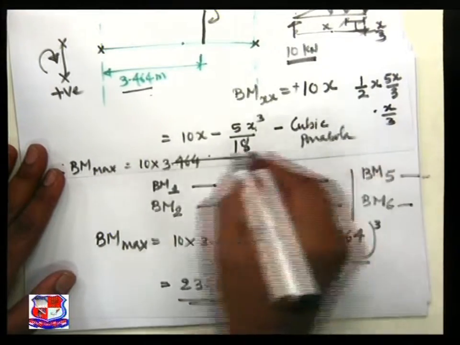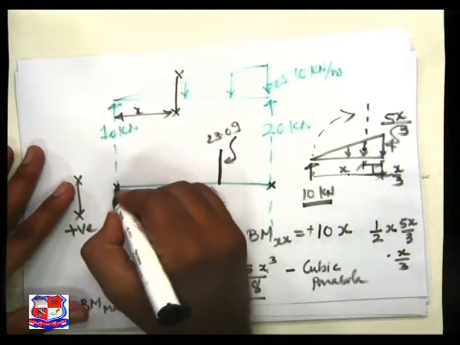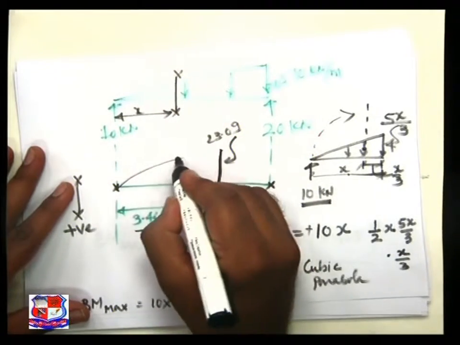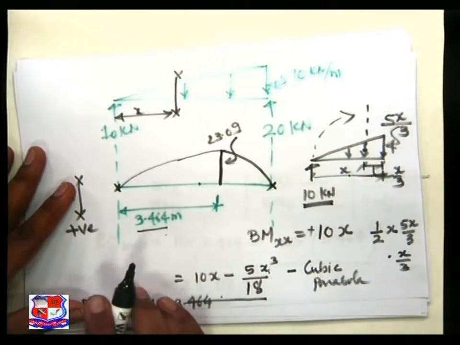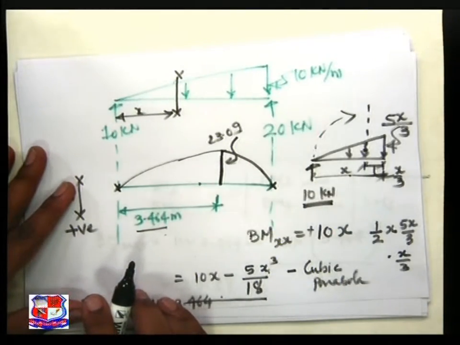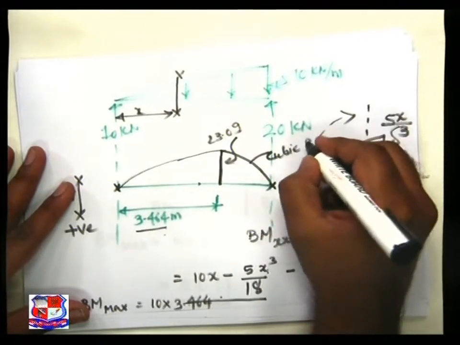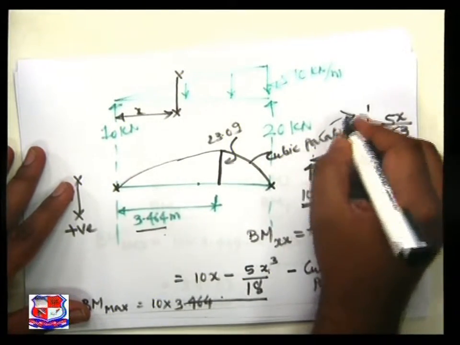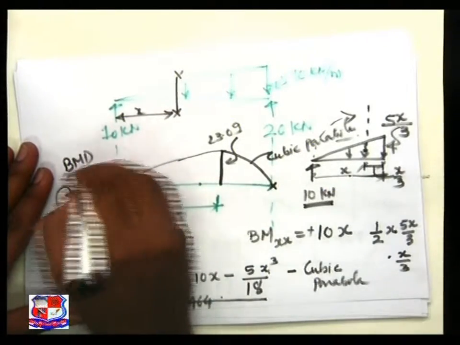By finding out all the ordinates, you have to join these ordinates and you can visualize the given diagram of this kind, and this diagram is of the nature of a cubic parabola, and this is nothing but the bending moment diagram.